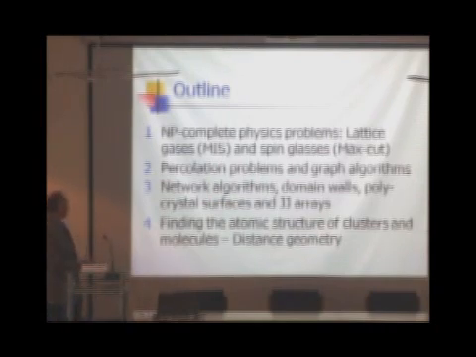And a characteristic feature of those problems is geometry. And these are geometric problems. Percolation is a geometric problem that occurs in random media. And I'm going to talk about network algorithms that are used to understand domain walls, surfaces in polycrystals, and I'll also talk about Josephson junction arrays.